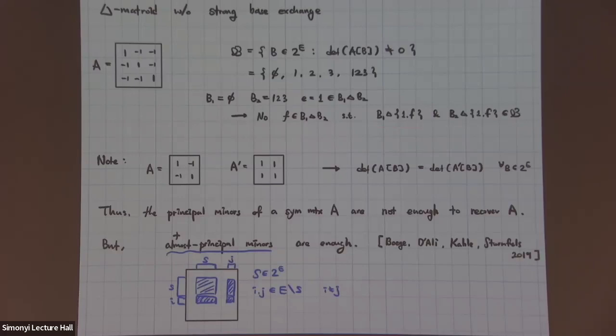An almost principal minor is nothing but a minor whose columns and rows are off by 1. Using this kind of observation, Borgers, Darley, Carr, and Stamford parameterized the Lagrangian symplectic Grassmannian into a projective space of reasonable dimension.